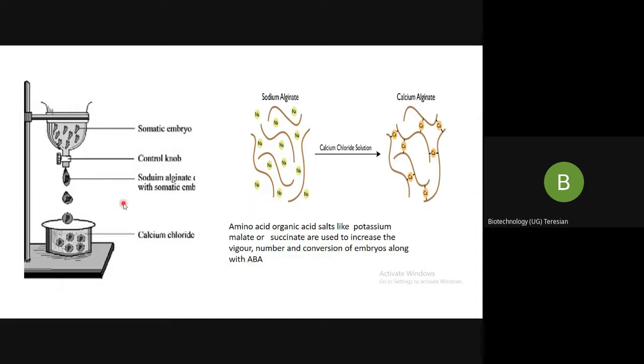So you add a hydrocarbon, it will have higher solubility, it will dissolve the oxygen, and then it can be taken up by the seeds. So somatic embryogenesis or synthetic seeds can be used in germplasm conservation.